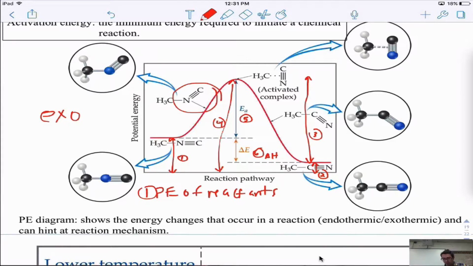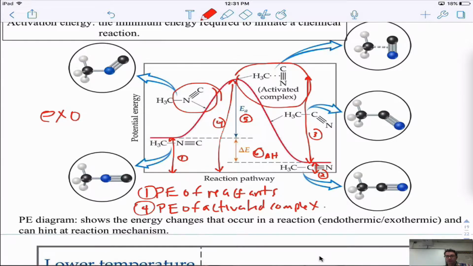And we reach a point here at the top where they have this activated complex. That's what 4 represents, the potential energy of the activated complex. That is where the bond has broken and we are ready to form a new bond.